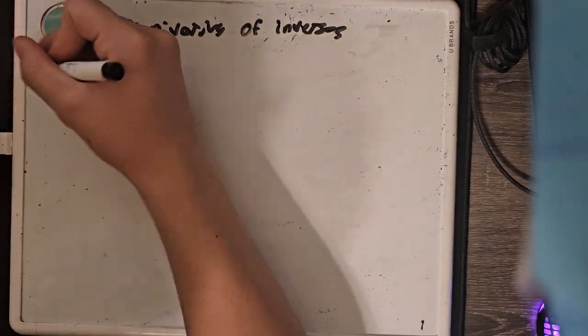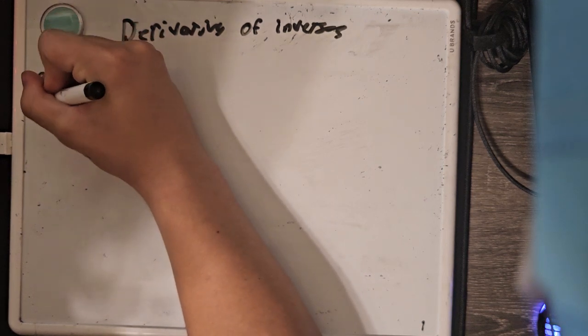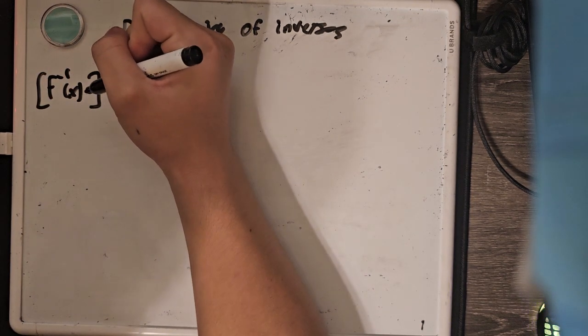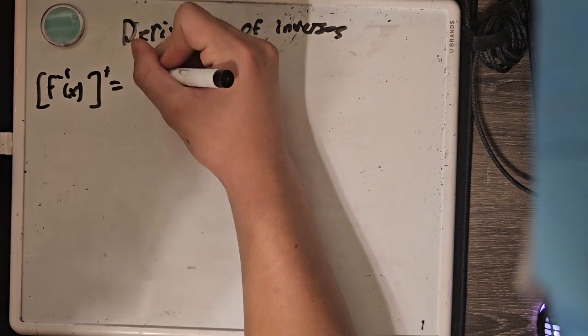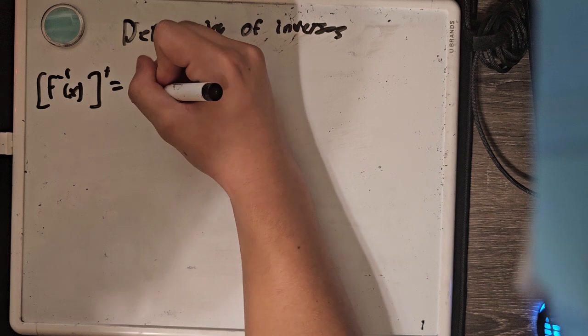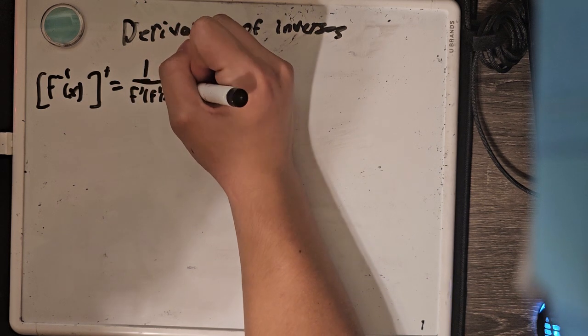Derivatives of inverses. Okay, so the formula for the derivative of an inverse is: the derivative of f inverse of x is equal to 1 over f prime of f inverse of x.